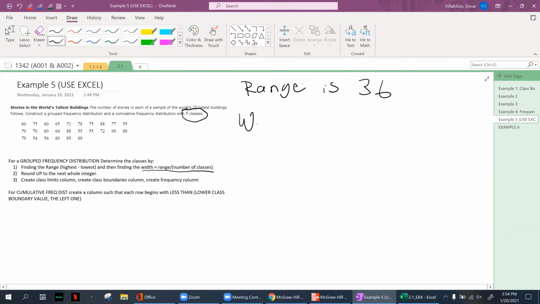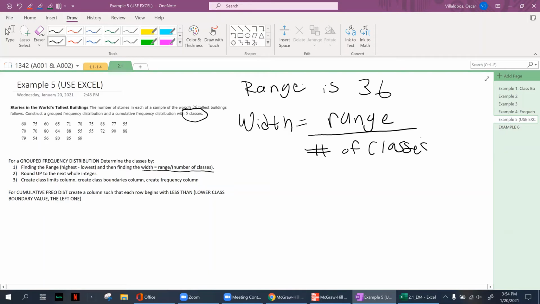The width is going to be your range divided by the number of classes. The width is equal to the range divided by the number of classes. Width is exactly what I need to know.